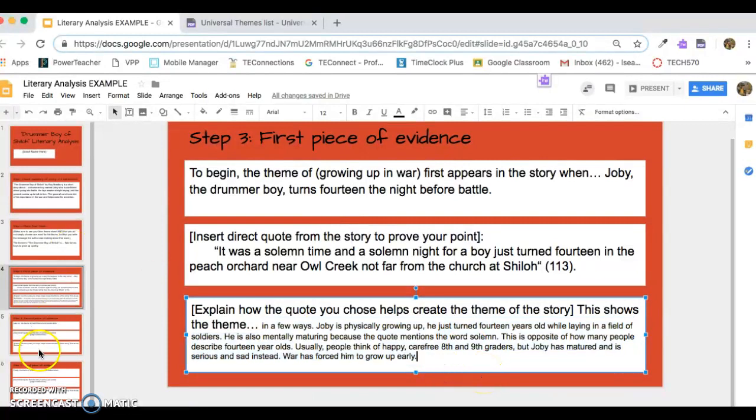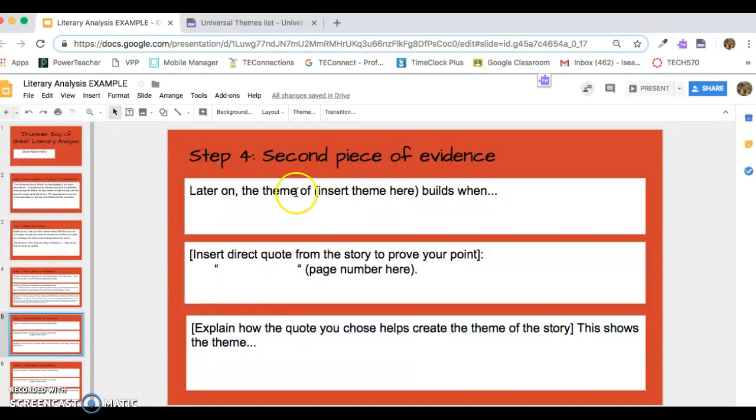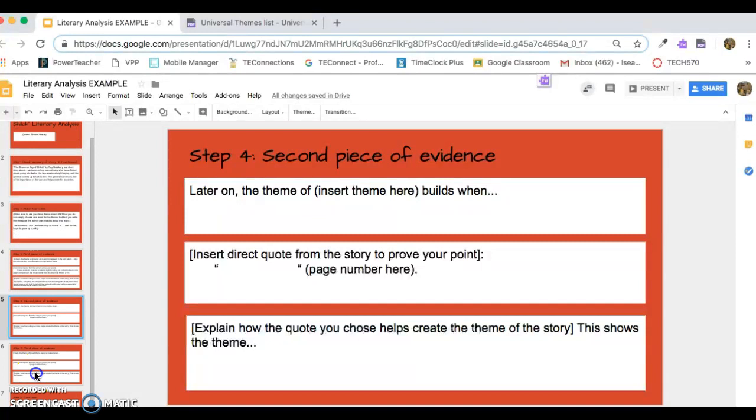All right. Now the kicker is you're going to do this 2 more times because you have to find an example from the middle of the story and you have to find an example from the end of the story.